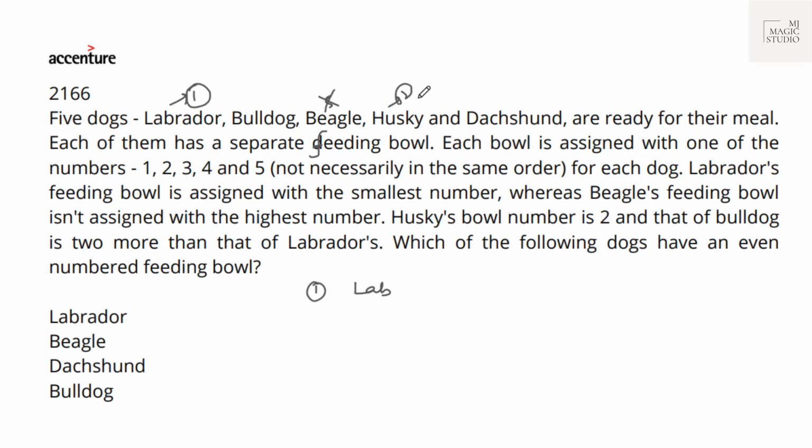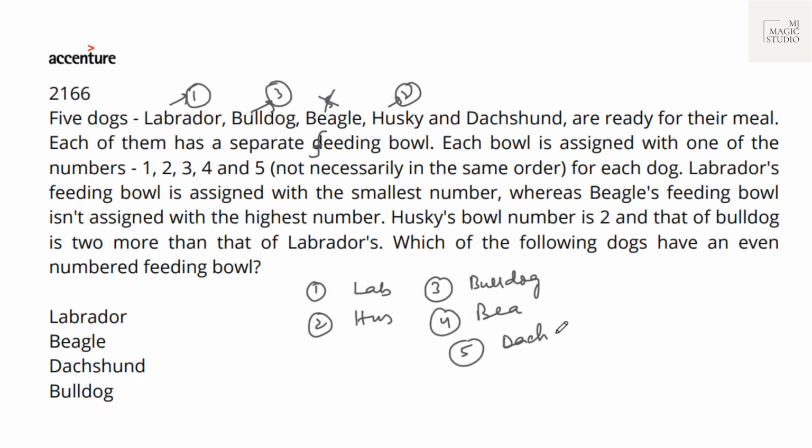Husky is 2. Bulldog is 2 more than Labrador, 1 plus 2 is 3, so number 3 is for Bulldog. That means number 4 is Beagle and number 5 is Dash. Which of the following dogs have an even numbered feeding bowl? Even numbers are Husky or Beagle, and in the options we have only Beagle. Option B is the pick.